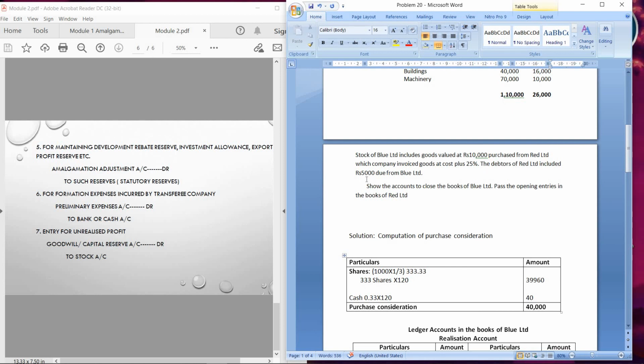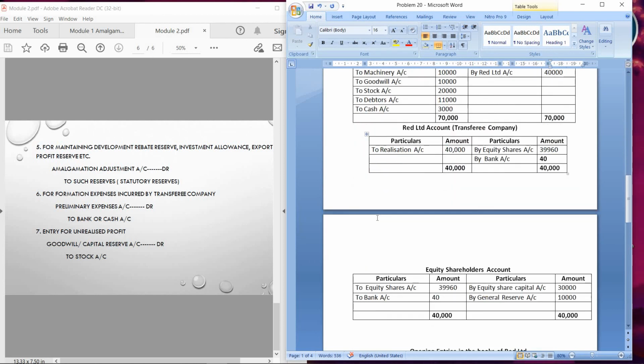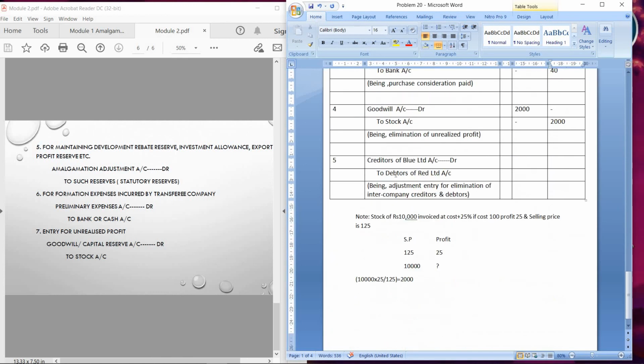So the value is 5,000. So entry for that will be creditors of Blue Limited account debit 5,000 to debtors of Red Limited. Okay, so the amount is 5,000. So here we have eliminated intercompany debtors and creditors.